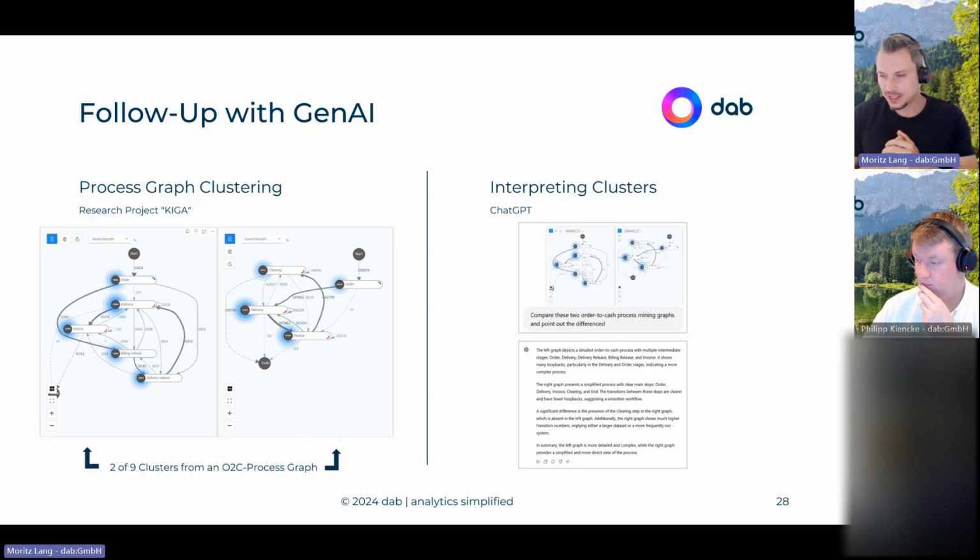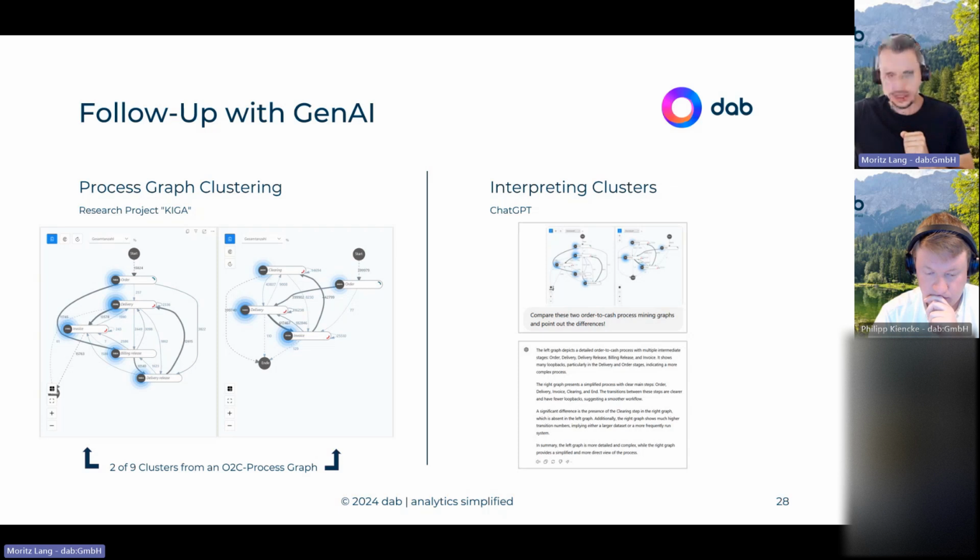So ChatGPT then tells us the left graph shows a detailed order-to-cash process with multiple intermediate stages: order, delivery, release, billing, release, and invoice. It shows many loopbacks, particularly in delivery and order stages, indicating a more complex process. So I think this works pretty well.